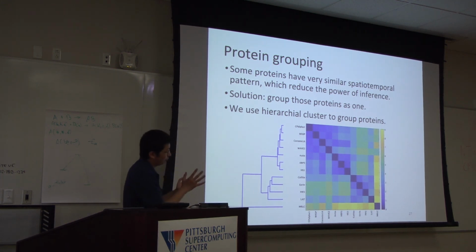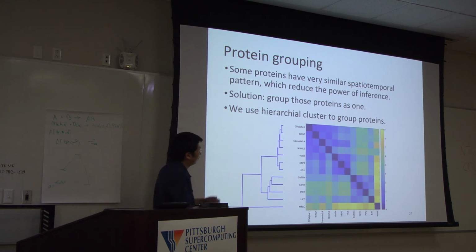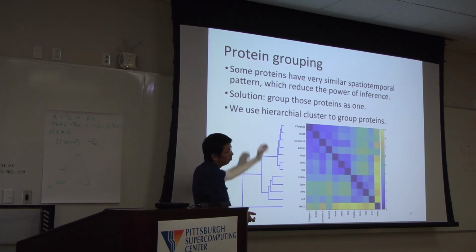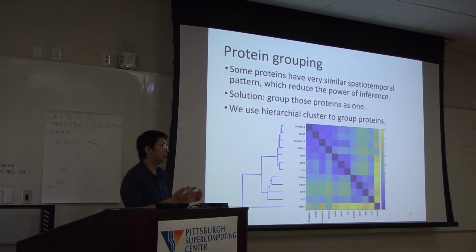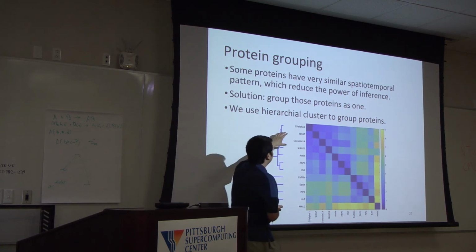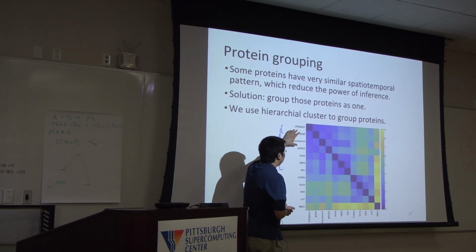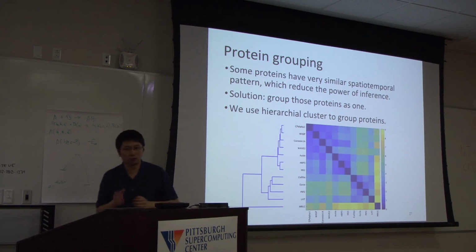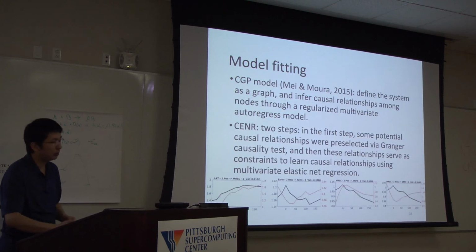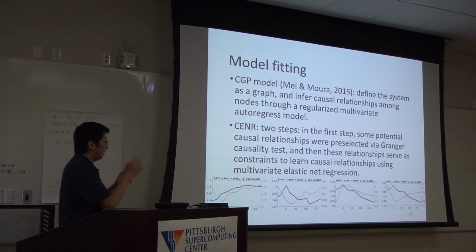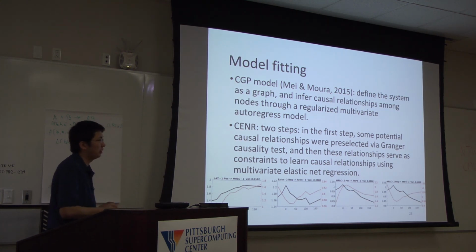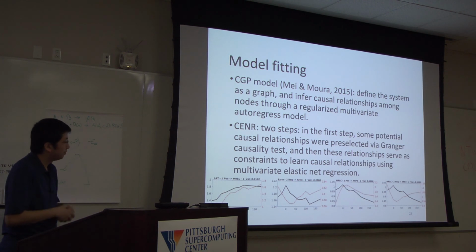So now we have 8 groups for these 12 proteins. And for each group, we use the mean value of the regions for the proteins in this group as the value for the group. So now we reduce our system to 8 groups, and each group has 3 values, 3 regions.